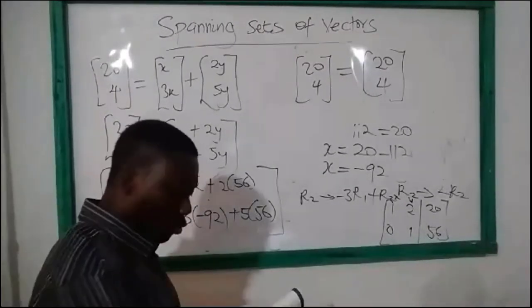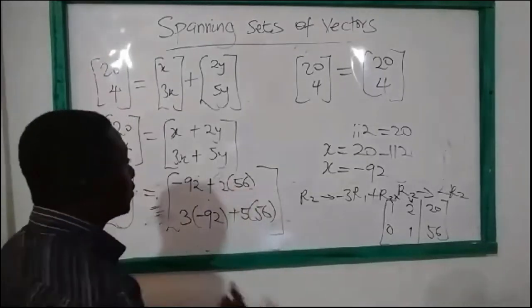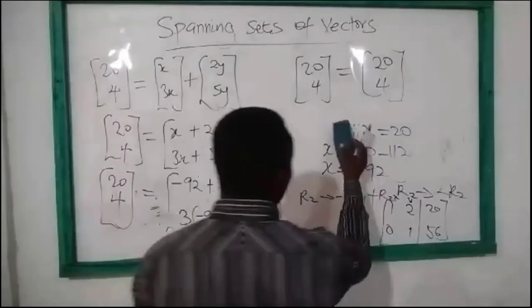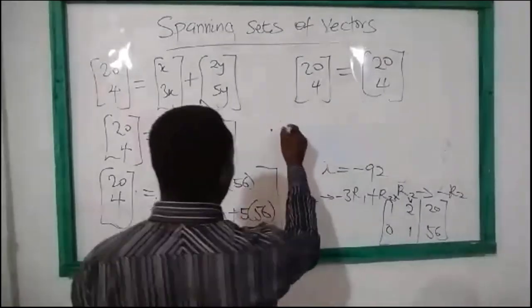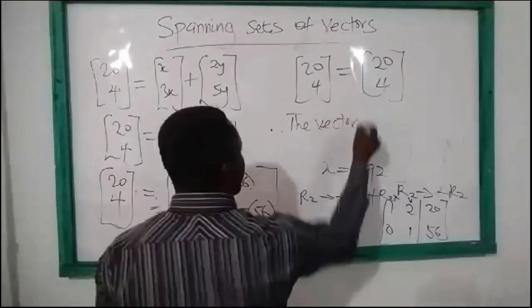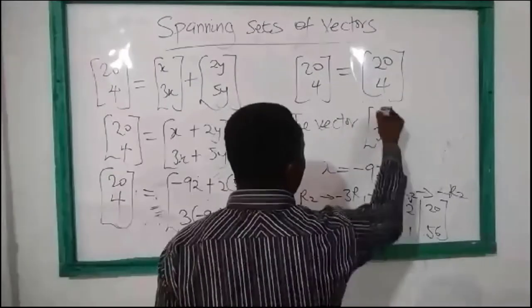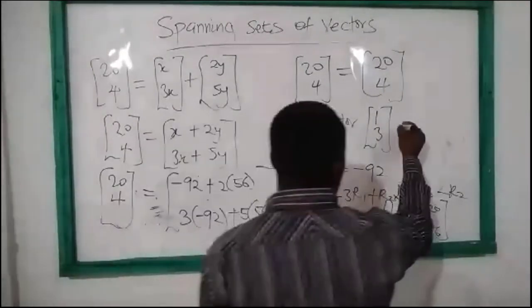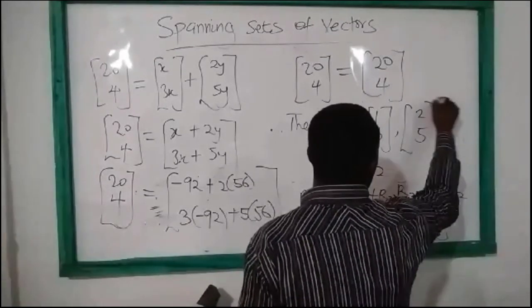So you conclude that the vector 1, 3, and then we have 2, 5.